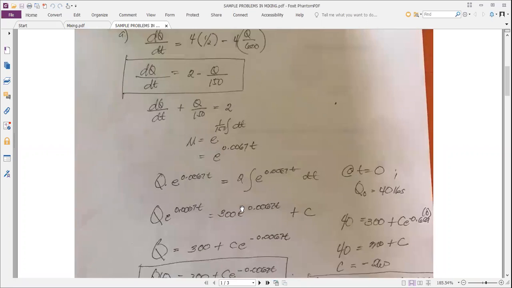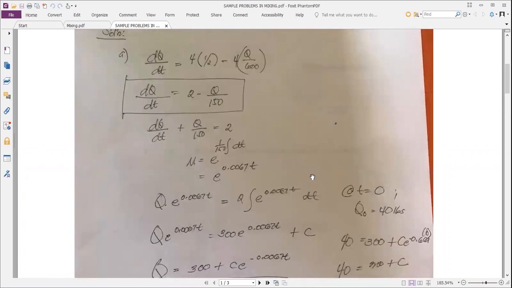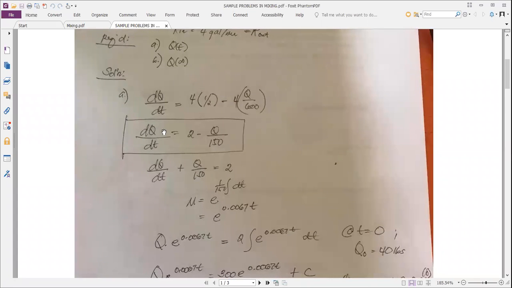Now, I said this would be your ready-made. You cannot rather have the ready-made formula for this because some students may opt to solve this using separation of variables. You can combine the two expressions on the right wherein you have 300 minus q over 150.